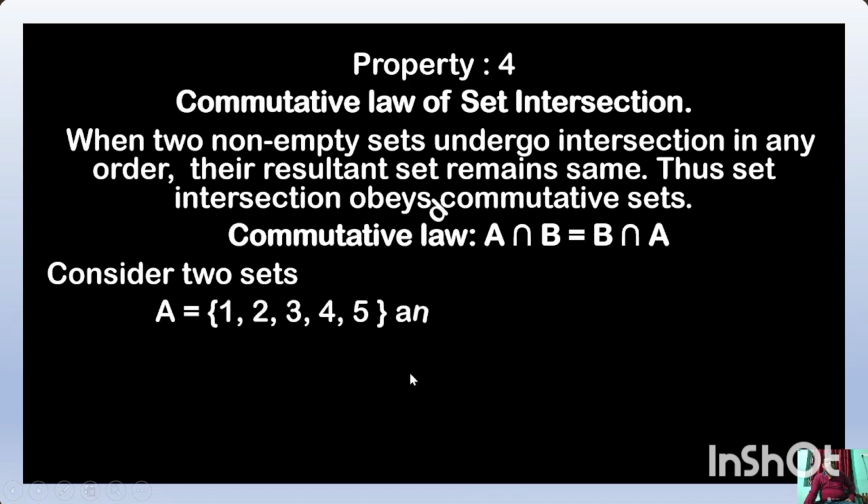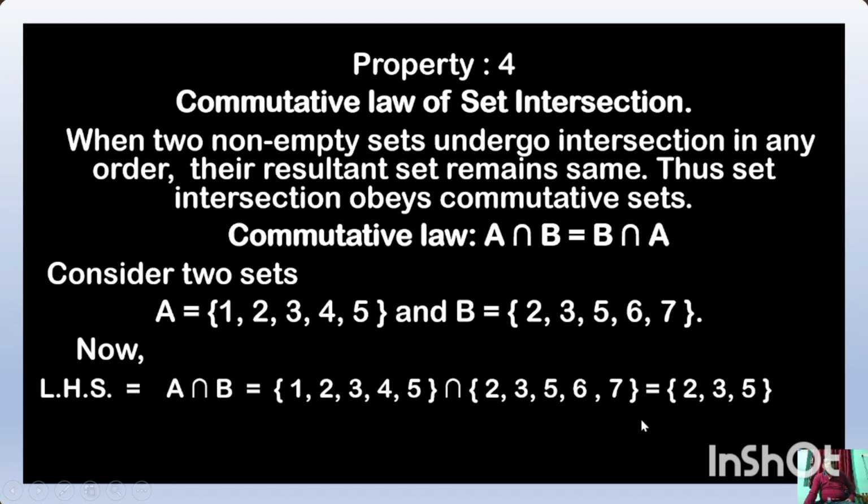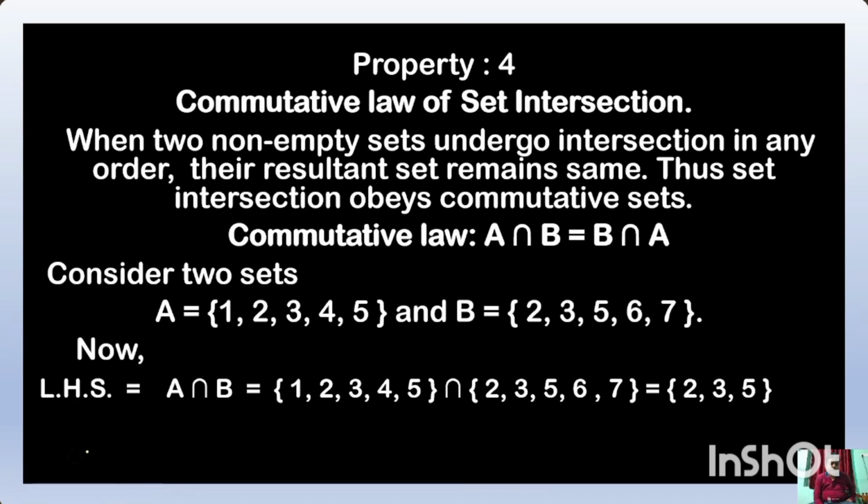Consider two sets, set A {1, 2, 3, 4, 5} and set B {2, 3, 5, 6, 7}. Now let's see A intersection B, the left hand side. The elements are 2, 3, 5. Look at here. Understand? The elements are 2, 3, 5.